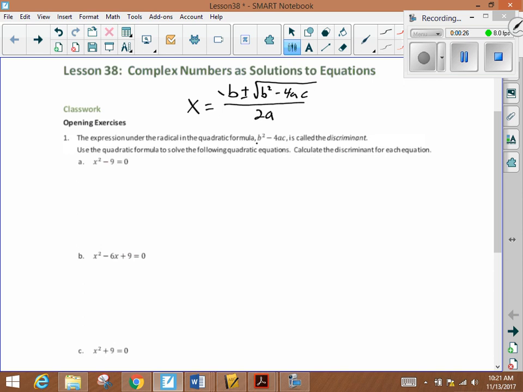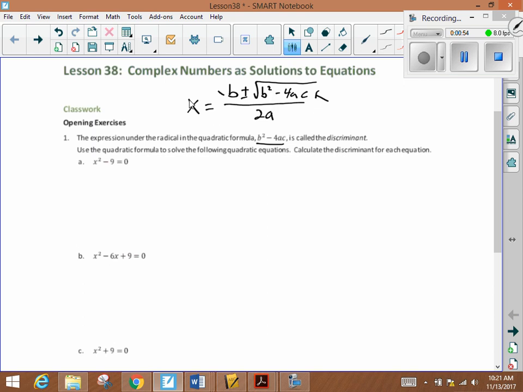This part right here, underneath my radical, is the discriminant. If our discriminant is negative, that means we have a non-real solution, just like we wound up getting with the last example in 37.